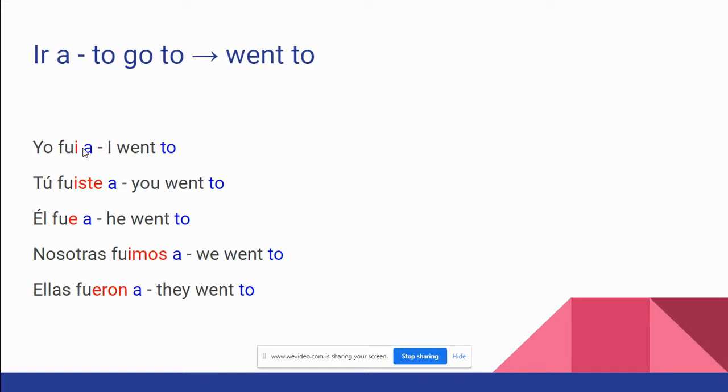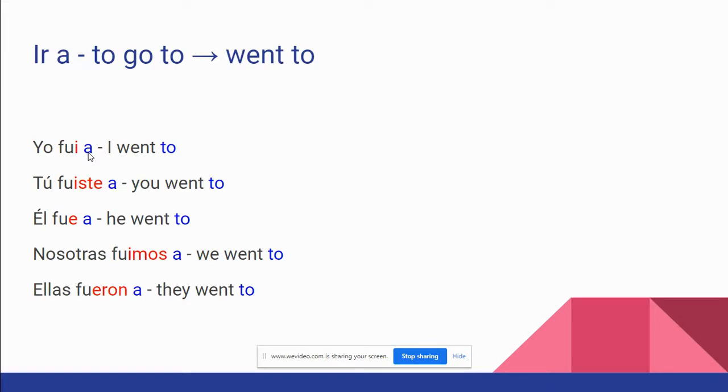The only difference is that these conjugations, if it's ir a, will have an a at the end of them. That's really one of the only ways you can tell if it's was or went to. Context can also help you.